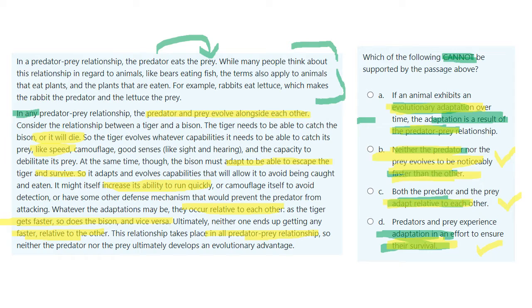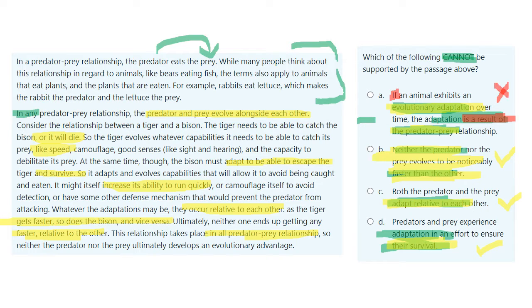No. Some change, some adaptation is because of predator-prey. But the idea of A, if you read carefully, is if there is adaptation, the adaptation is a result of the predator-prey relationship. Always a result of the predator-prey relationship.